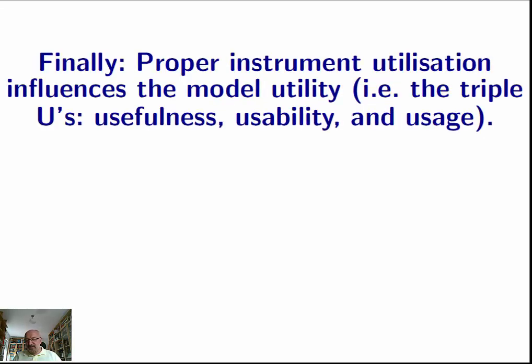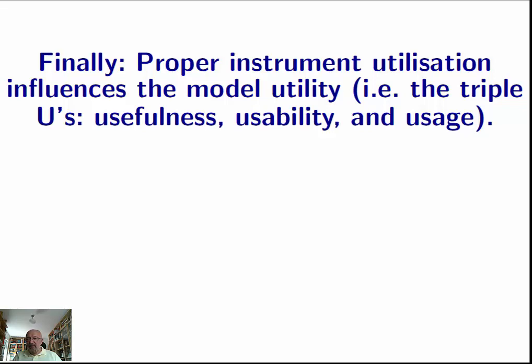Yeah, what we have now reached is we know what is proper instrument utilization, and of course that influences model utility, and in this case we know now how our methods can be properly used and which methods don't lead to a believable result.